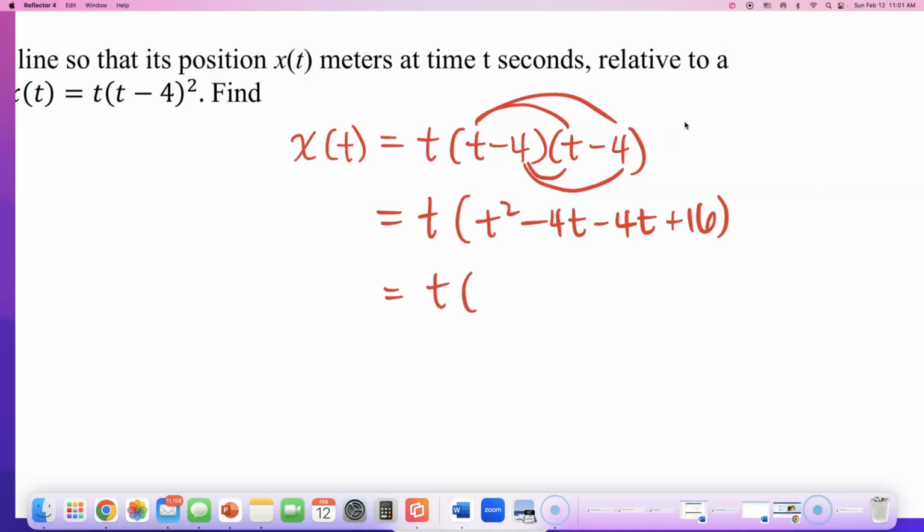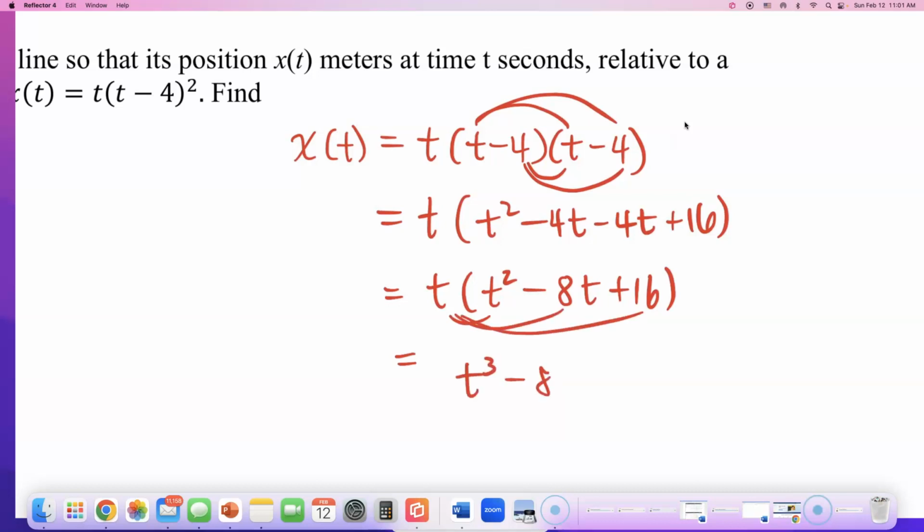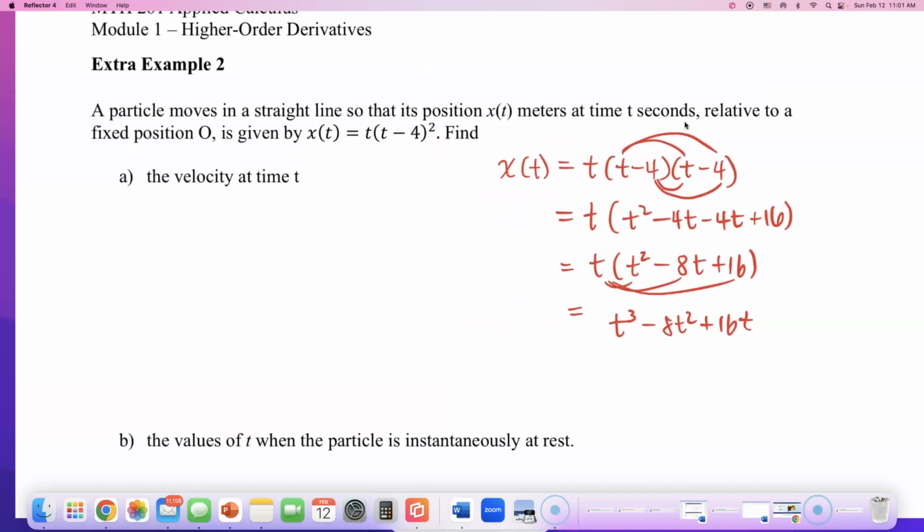This is t times t squared minus 8t plus 16, combining the like terms. Lastly, I will distribute this t and get t cubed minus 8t squared plus 16t. So here's our brand new x of t, all multiplied out.